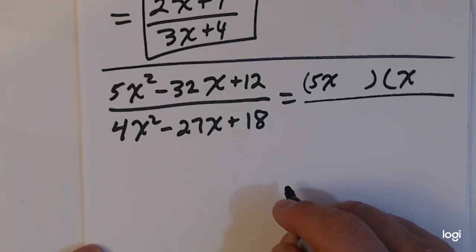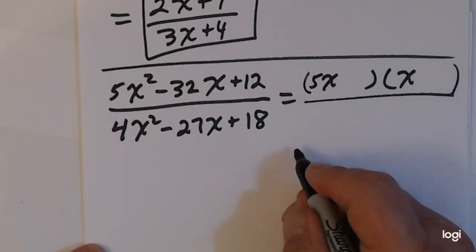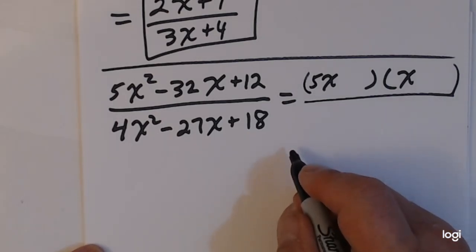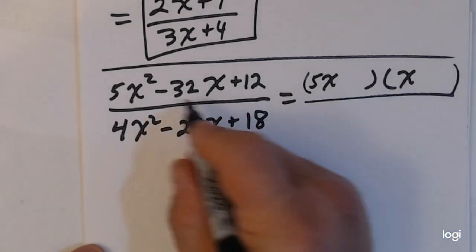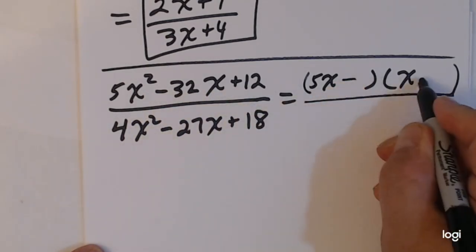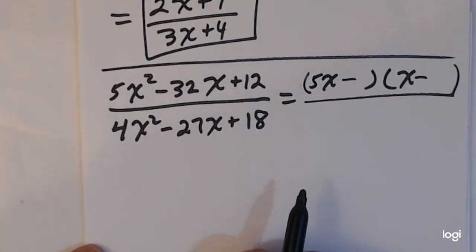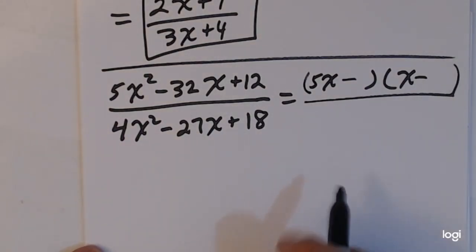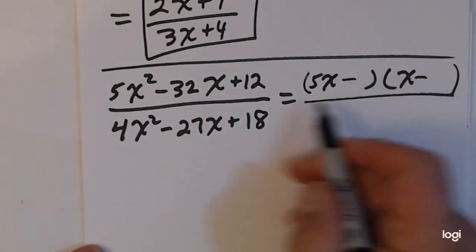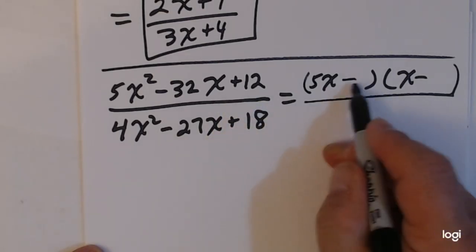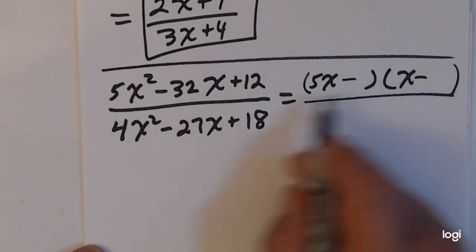Let's see. We have a negative and a positive here, so these are both going to be negative, right? Because negative times negative is a positive, which we have over here, and negative plus negative is negative.